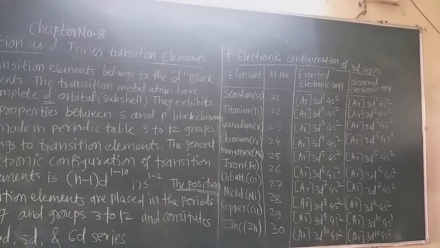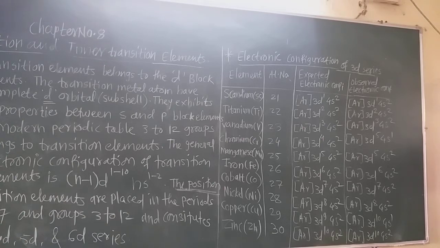Now see again, copper in the elementary state contains a completely filled d orbital in the observed electronic configuration. It also gives 2 electrons and forms the +2 state, and hence the copper ion is also a transition ion. Remember here.